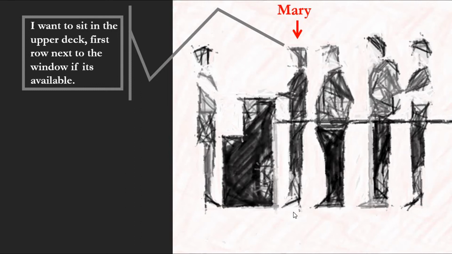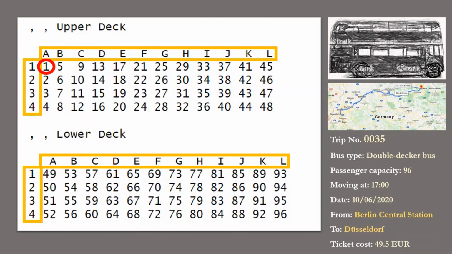So first in line is Mary, and she wants to sit in the first line next to the window in the upper deck. So she wants that seat. So what you need to do first, you need to access that, then assign Mary to it.